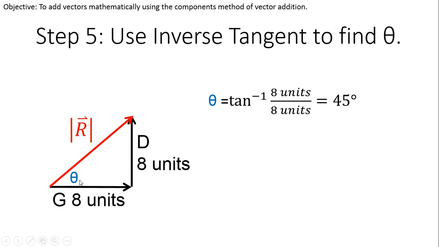So we've got our angle theta here. We've got an opposite side and adjacent side. So I'm going to use tangent of my opposite of 8 units, my adjacent of 8 units, and when I plug this in my calculator, I get an angle of 45. And this is a special triangle, which tells us we have 2 sides that are the same. We've got a 45-degree angle there.